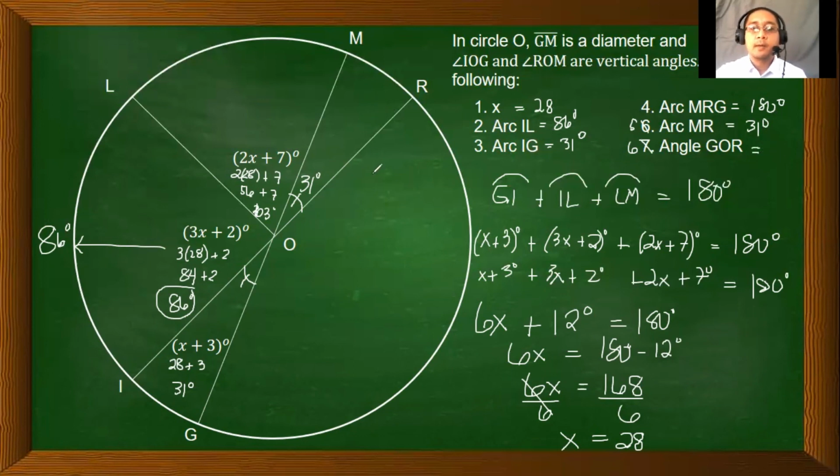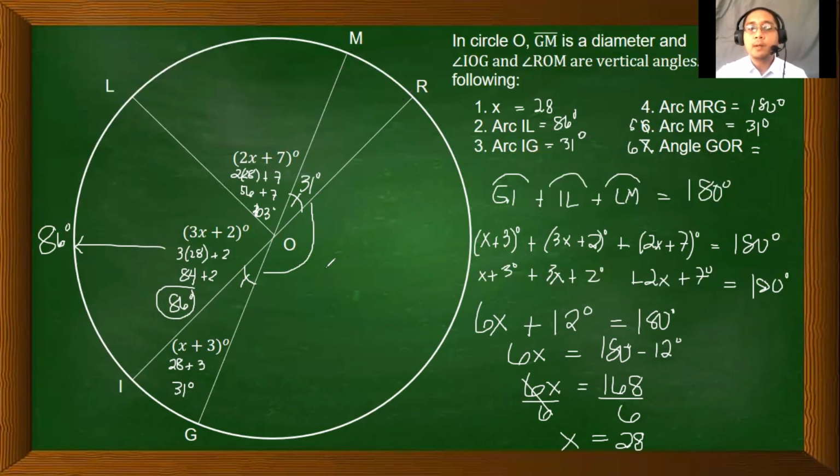And lastly, for angle GOR. Now take note, arc GRM is a semicircle.